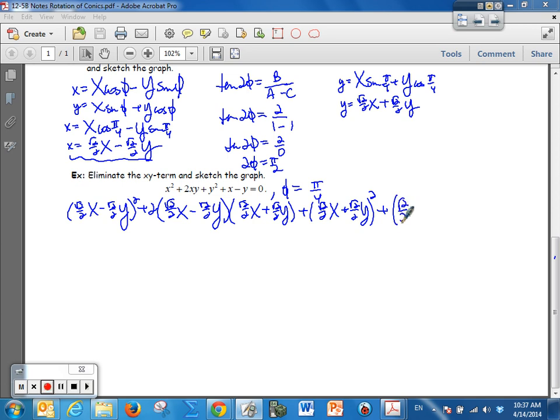I'm going to put them in parentheses. It's not necessary, but it's just going to help me partition them off. And then the y one.